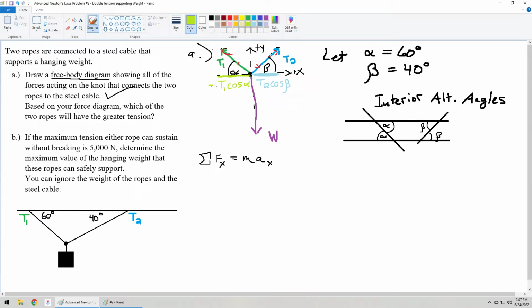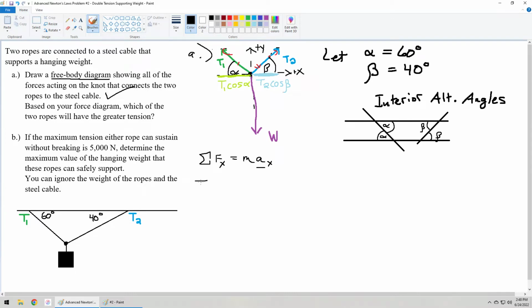So you can either leave the negative here, or you can choose to not write it and just know that it's negative. Either way is fine. It's up to you. But one other thing that we need to consider is that there is zero net acceleration in the x direction. The knot is just holding this mass still. It's not moving left or right at all. So the sum of forces will be equal to 0 because there's no net acceleration in the x direction.